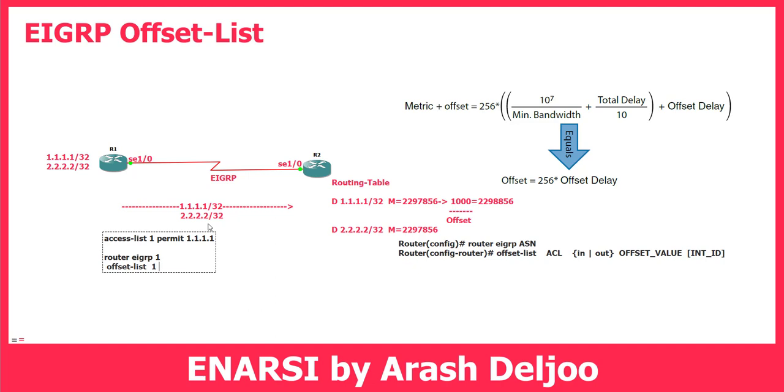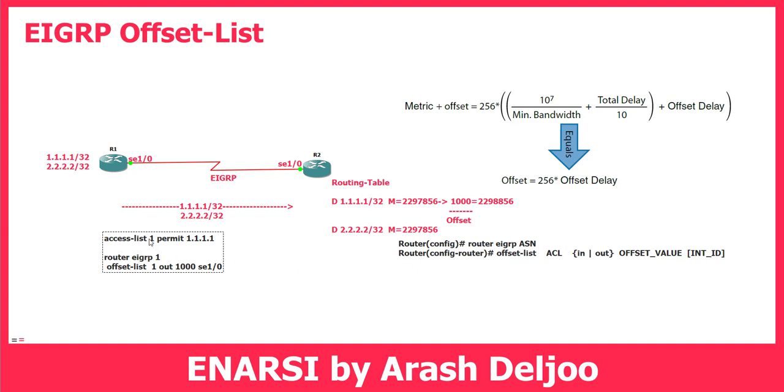And after that, the outbound direction, and the value of the offset is 1000. And if you want, you can identify the outgoing interface. You know that if you don't identify the interface, this offset is applied to all interfaces, but here we are limiting the scope of the offset to the serial 10 advertisement. That's it. This is the configuration of the outbound offset list.